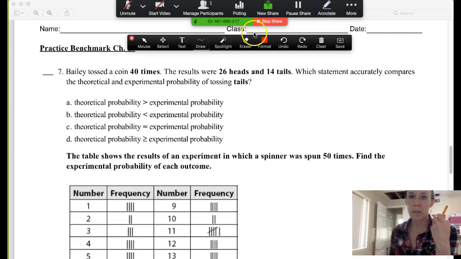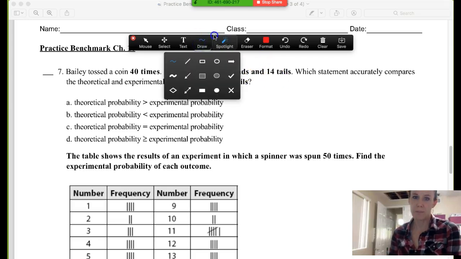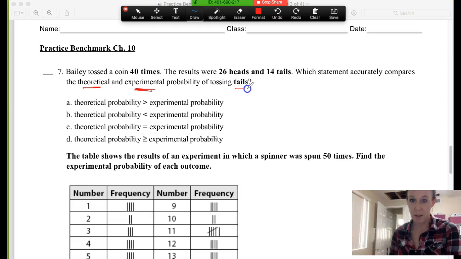All right, guys, let's go ahead and look at number 7. Bailey tossed a coin 40 times. So back to the coin tossing. The results were 26 heads and 14 tails. Which statement accurately compares the theoretical and experimental probabilities of tossing tails? Now look here, 14 tails is what got tossed.